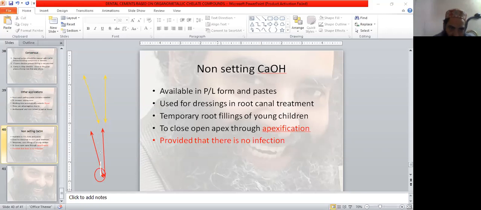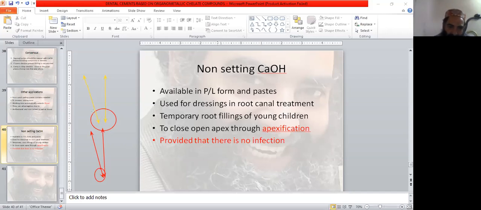Here you can see this area is wide open, and if we consider it as a root and its root apex, then it is wide open, and this is narrow. So the process of generating apex, and apex is the apex of the tooth.